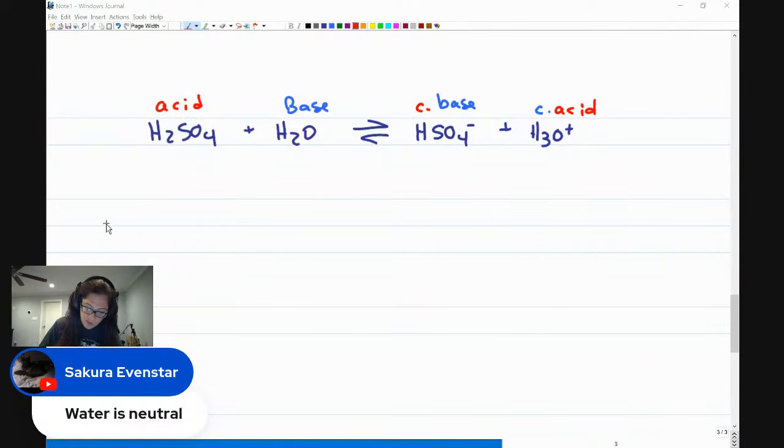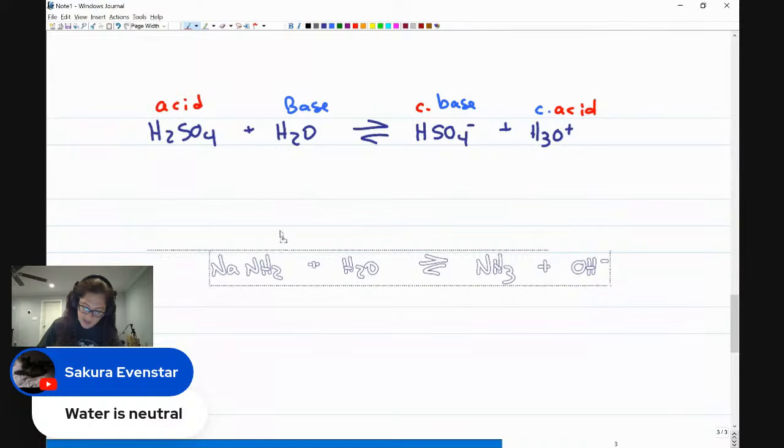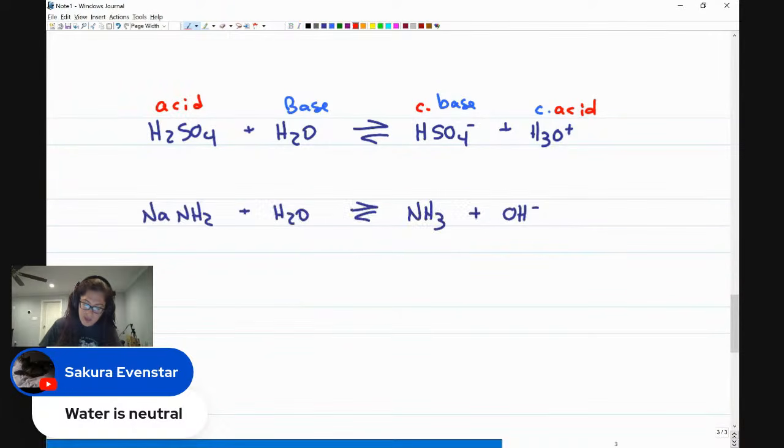What if I take a reaction that looks like this? In this reaction, I have NaNH2 reacting with water in equilibrium to give me NH3 and OH minus. Once again, water is starting out neutral. But if you look at what we have here, Na plus is a positive spectator.